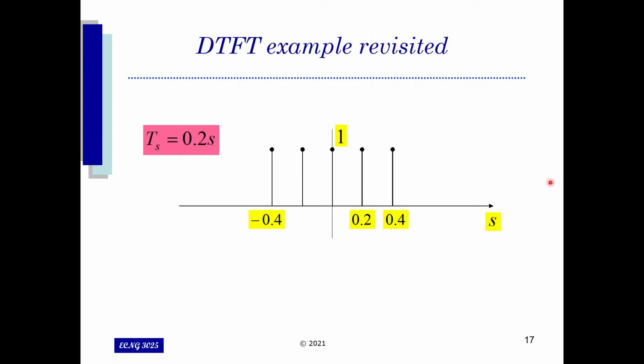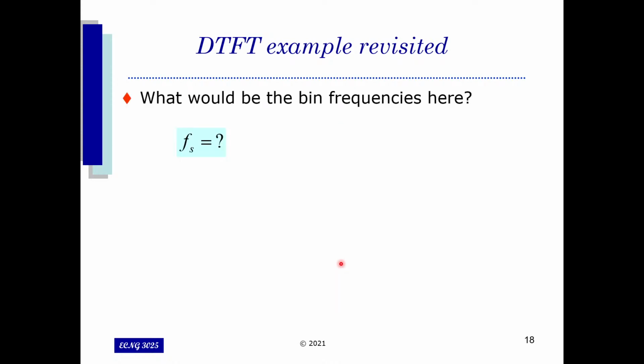So if we go back to our DTFT example here that we did in our previous lecture, where we had 5 samples, which we know the periodic time here is going to be 0.2 seconds. And let's say instead of applying the DTFT, we're going to apply the DFT to this problem instead. So we need to figure out what's going to be the bin frequencies here.